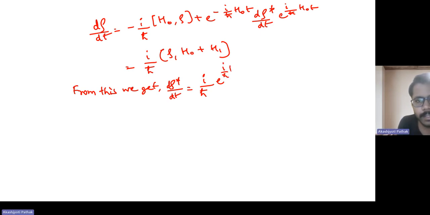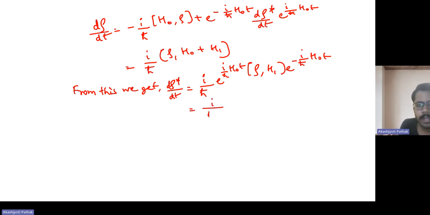We'll get this, right? H naught t and rho h1 e to the power minus i by h cross h naught t, and that is equal to i by h cross e to the power i by h cross h naught t, and this will then be equal to i by h cross h naught into t.